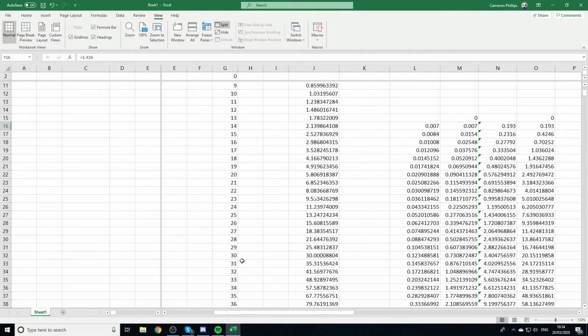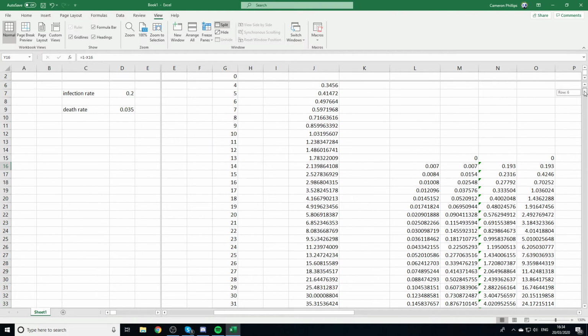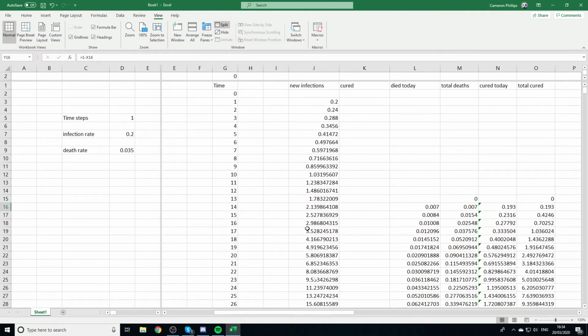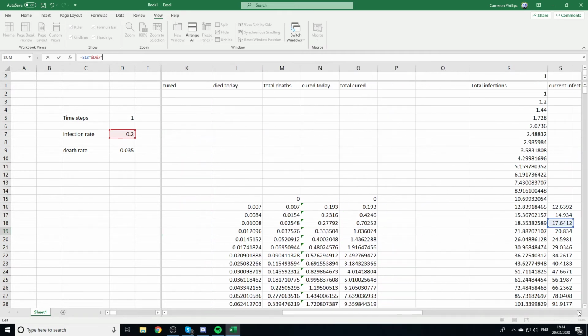Now what I'm going to do is go to our new infections, and what I've done is I'm looking at S18 times by D7. I'm not sure why I've got S18 there, but $D$7 is my infection rate, and I'm then going to multiply that by this factor I've put in, this percentage, which is what percentage of people can get the disease.